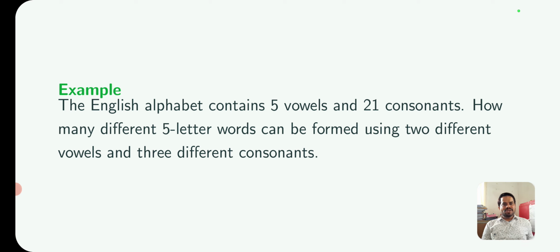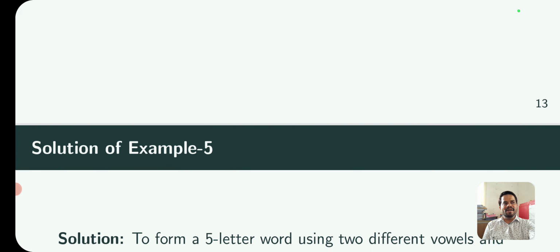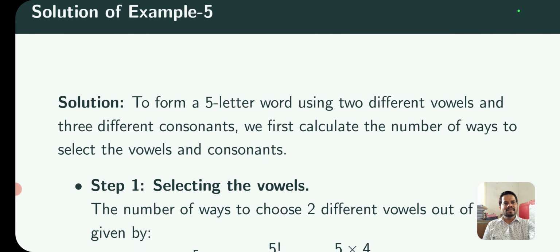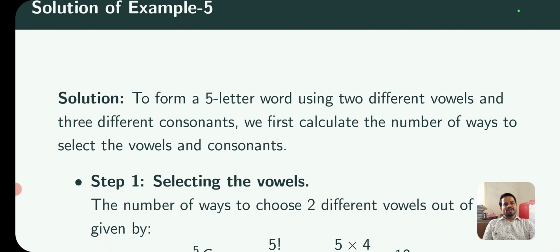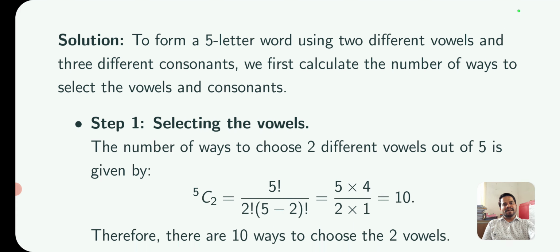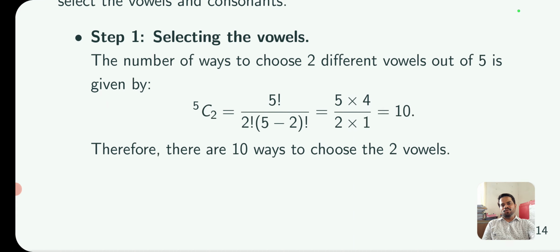We have to select 2 vowels from 5 vowels, and we have to select 3 different consonants out of 21 consonants. To form a 5-letter word using 2 different vowels and 3 different consonants, we first calculate the number of ways to select the vowels, which is 5C2 ways, so it is 10 ways to choose the 2 vowels.